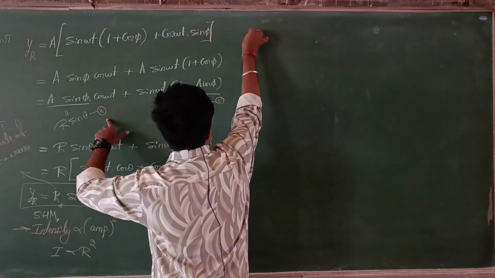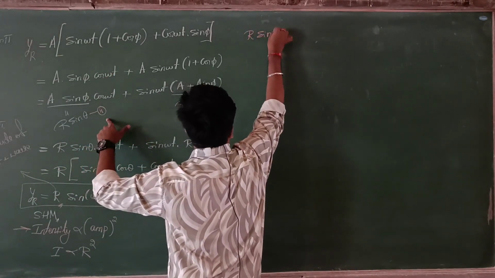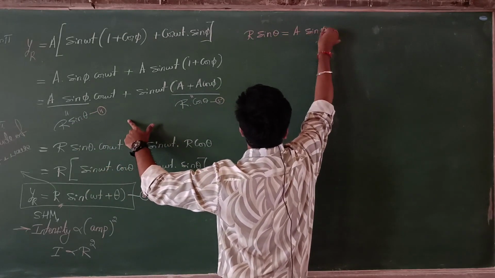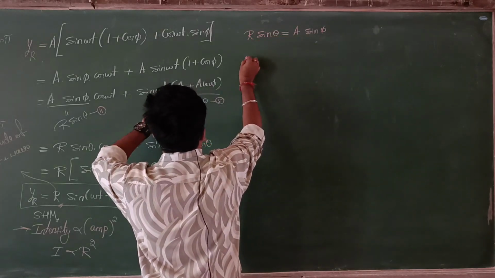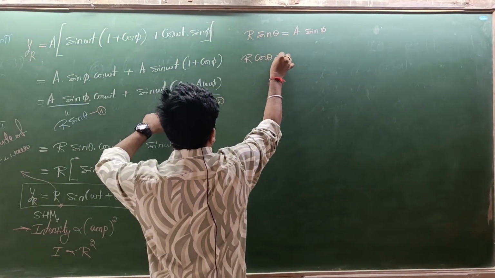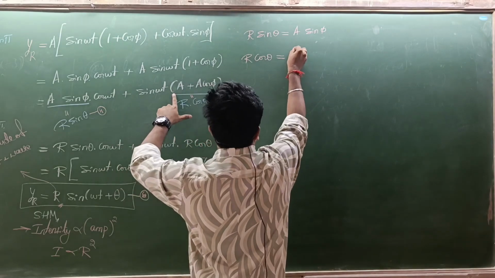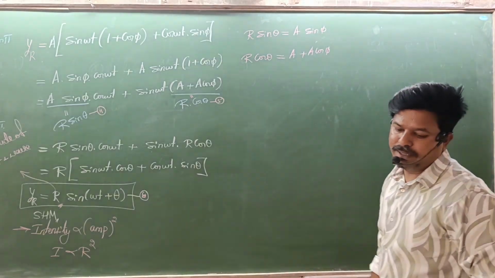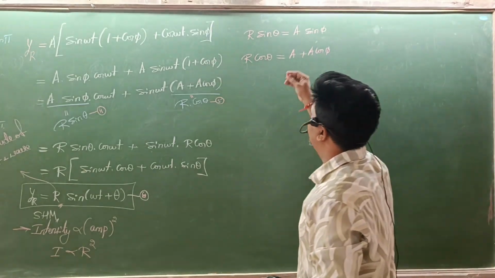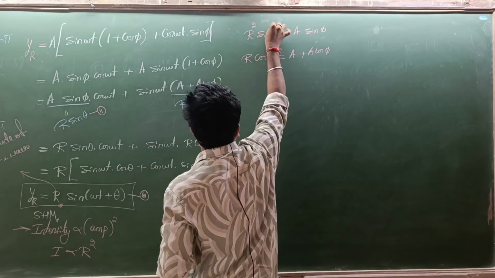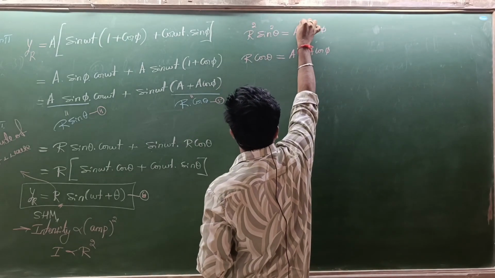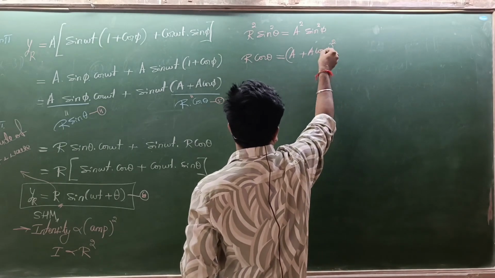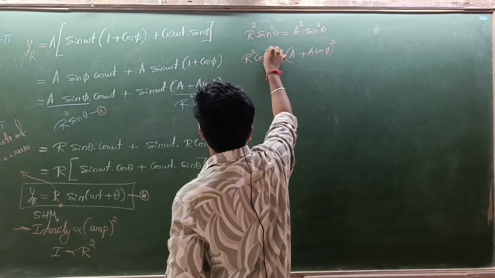Equation 4: r sin theta is equal to A sin phi. Next, equation 5: r cos theta is equal to A plus A cos phi. So squaring both sides, this becomes r square sin square theta equals A square sin square phi, and this becomes r square cos square theta equals A plus A cos phi whole square.